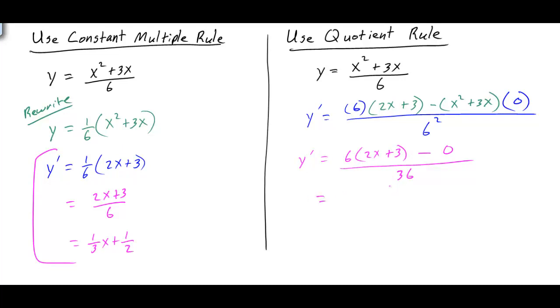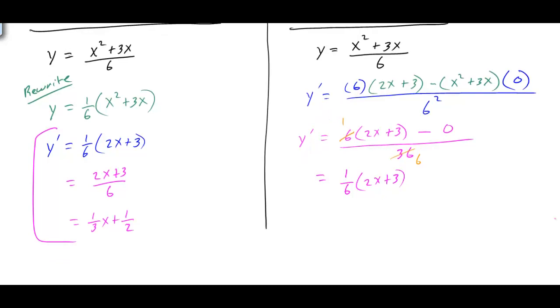And we'll notice then 6 goes into 6 once, 6 into 36 is 6 times, and you'll realize we're left with 1 over 6 times 2x plus 3. Or once again, you could write it as 2x plus 3 over 6, or 1/3 x plus 1/2.